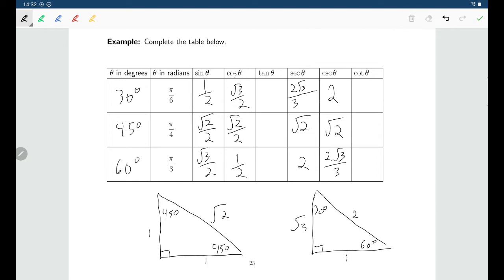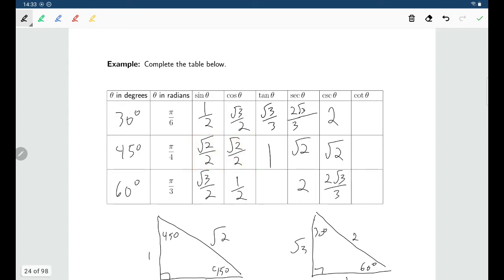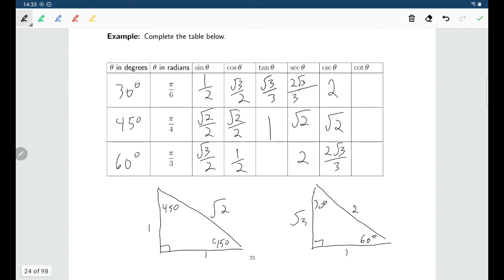Or in simplest terms, 1 over root 3 is the same thing as root 3 over 3. And you could do the same thing for the remaining entries. Tangent of 45 should be root 2 over 2 divided by root 2 over 2, which should just be 1. And tangent of 60 degrees should be root 3 over 2 divided by 1/2, which if you do the work on the side, you'll find that that's root 3 over 1, or the same thing as root 3.